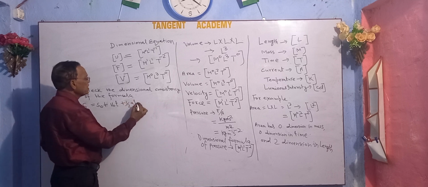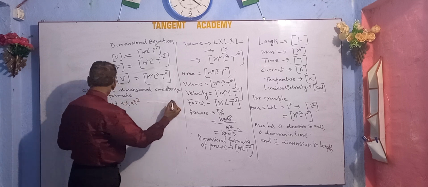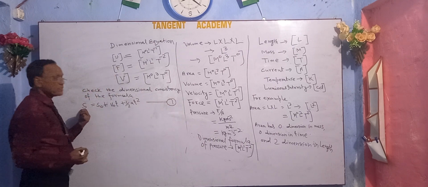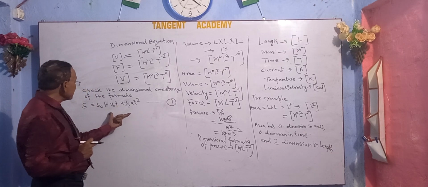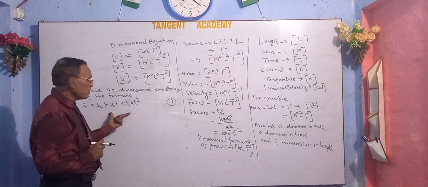This is the equation of the physical quantities for distance. Now we have to check whether this equation is dimensionally correct or not.